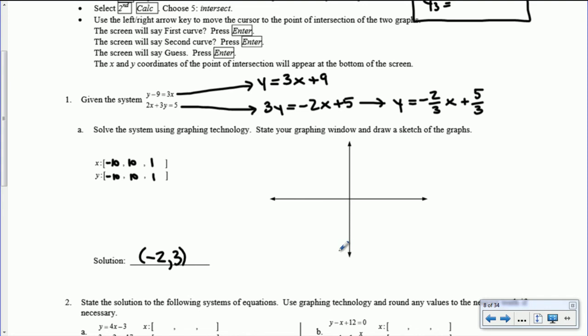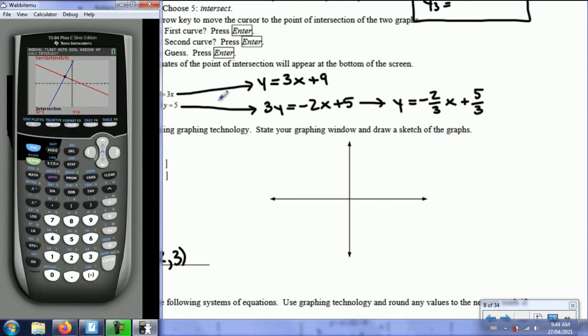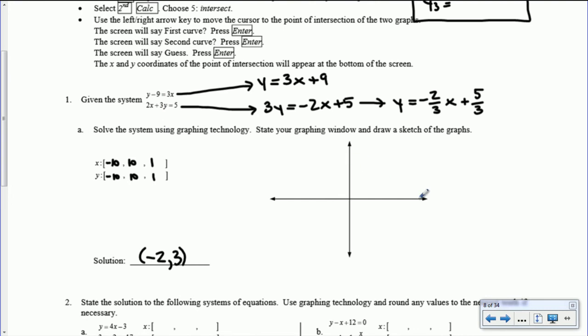Okay, so y equals 3x plus 9. What did it look like again? So, okay. Alright, and then maybe just draw it roughly. So that was 9, that was 3.